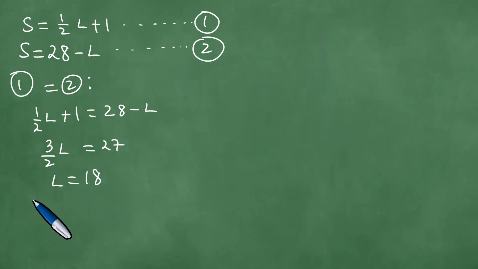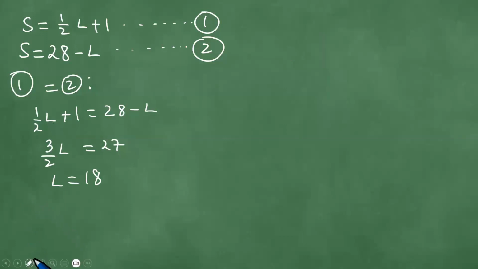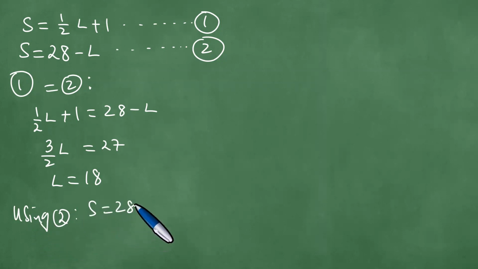If L equals 18, for the shorter piece we can use equation 2, which says S equals 28 minus L, which is 28 minus 18, so S is 10. We can use any of the equations.